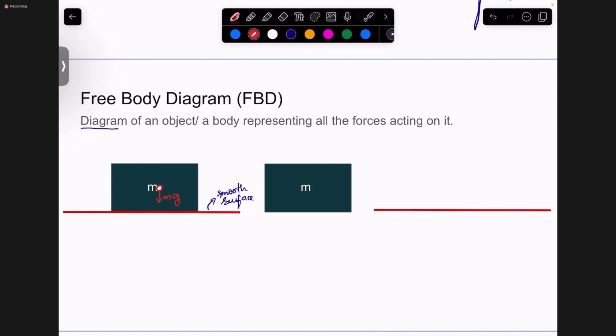Gravitational force is a non-contact force. So even if this body was suspended in air, or somewhere else, due to Earth's gravity, this mg force is always acting on that object.